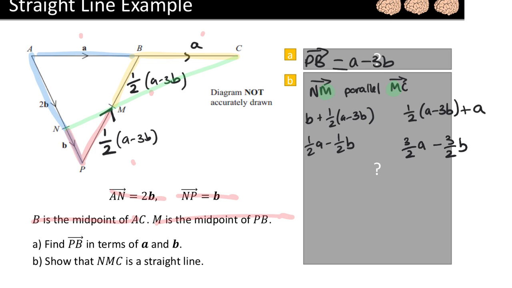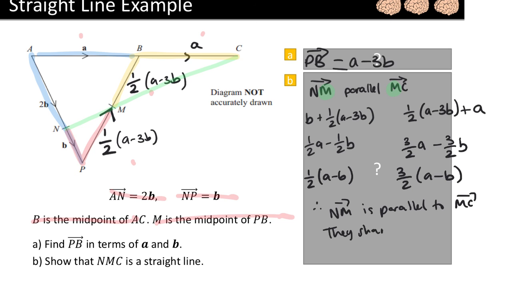Okay, I can clearly see that A minus B is a factor of both of them. So if you wanted to, you could take a half out, A minus B, 3 over 2 out, A minus B. Okay? So you now need to say, therefore, NM is parallel to MC.